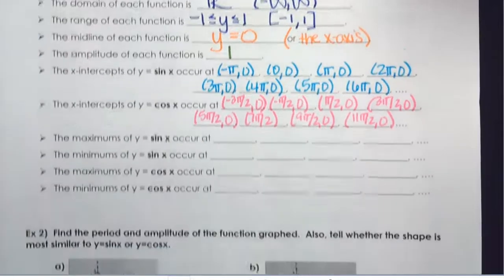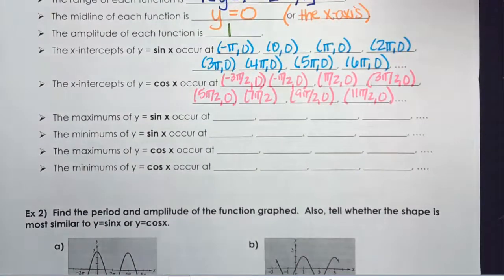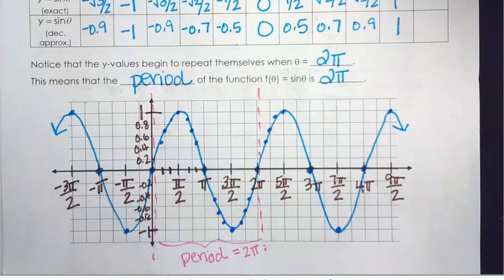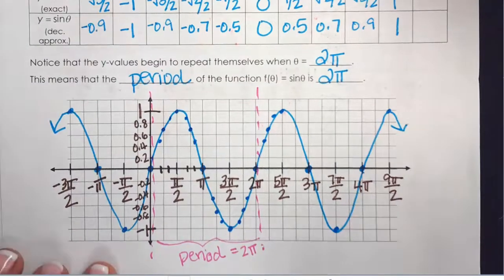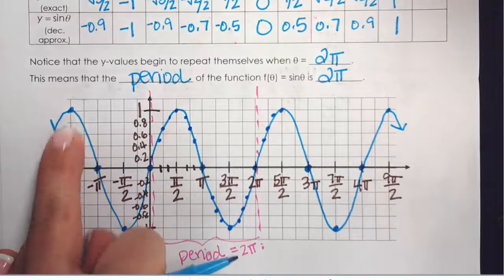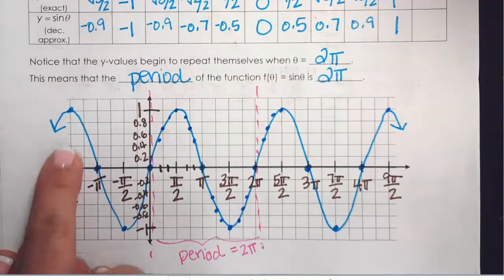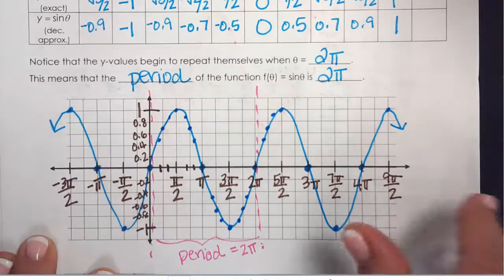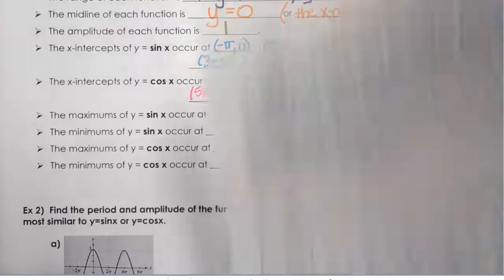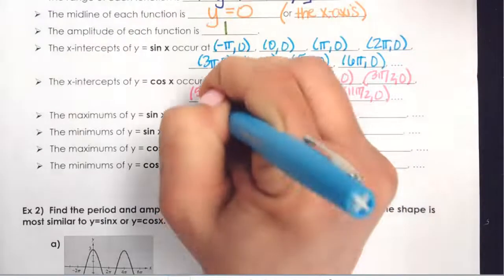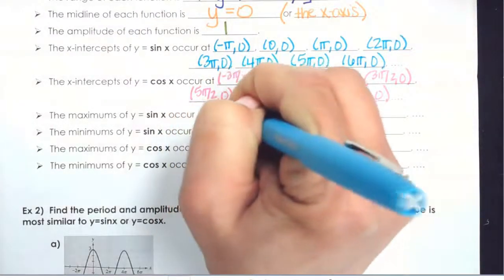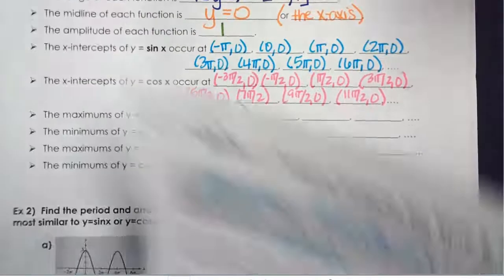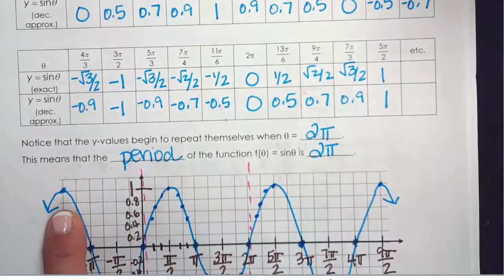So now let's look at the maximums of sine of x and where they occur. This first maximum is at (negative 3 pi over 2, 1). The next one is not at negative pi over 2. Where's the next maximum?